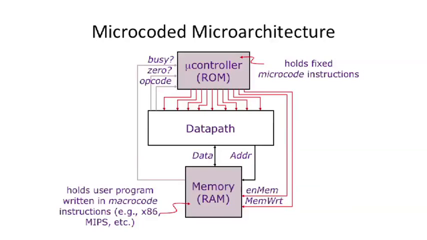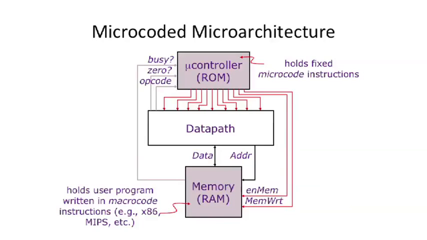And I wanted to contrast the microcontroller, or the microcontrol unit, with the memory where you're actually going to store your user programs. So your user program is going to be stored in a RAM structure, or a randomly accessible memory structure, versus a read-only memory structure.